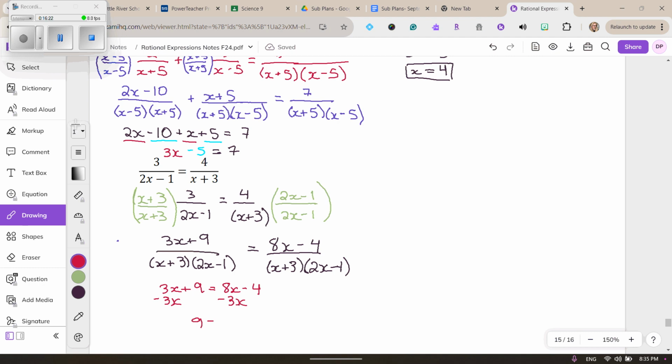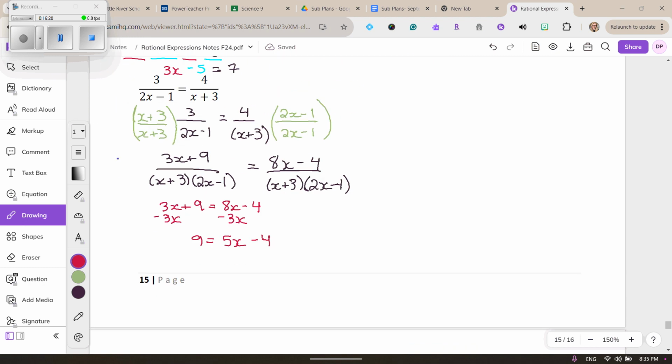Then I get 9 equals 5x minus 4. Add 4 to both sides. And I get 13 equals 5x. And my last step is to divide. So my answer is a little weird for this one, but it's just going to be 13 over 5.